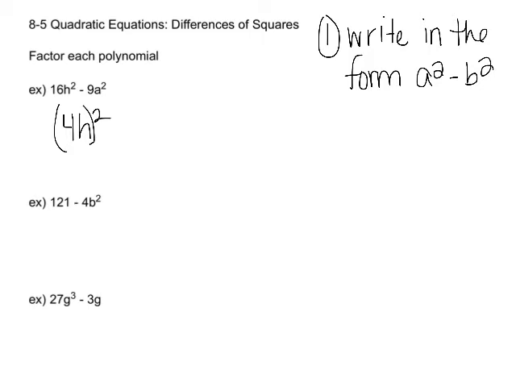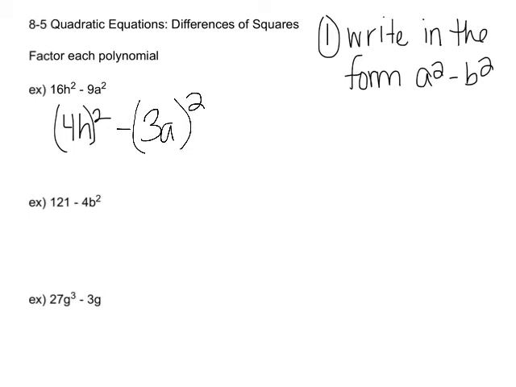And the reason how I got 4h squared was because I needed to think of what number squared equals 16. And so I'm basically just factoring out that squared portion of it. And I'm going to subtract a 3a, and we're going to square that.